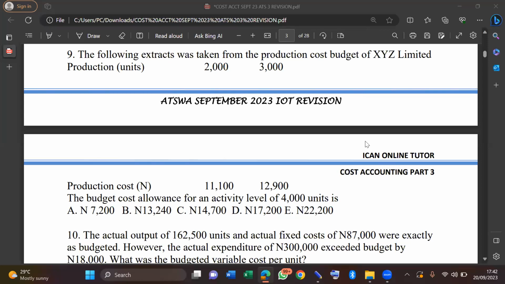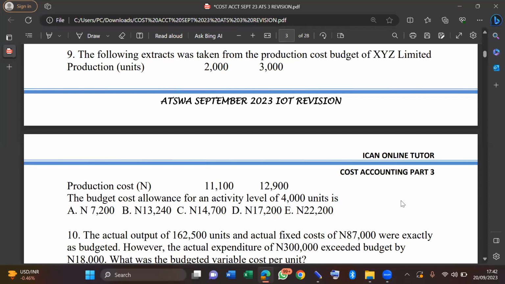Will it give you the same? You will see that it will not give you the same. When you use the first one, it gave you 22,200. When you use the second one, it gave you 17,200. So which other method do you think we can use that will justify this position?